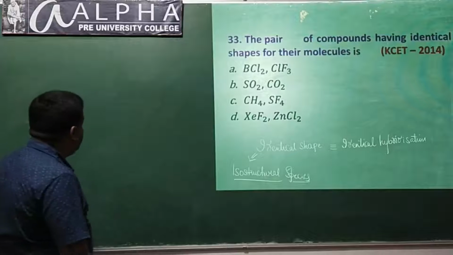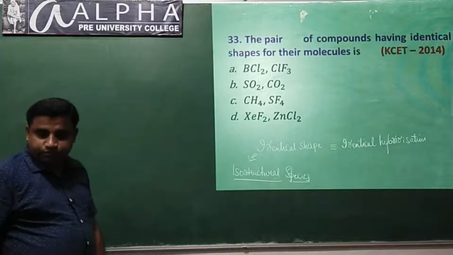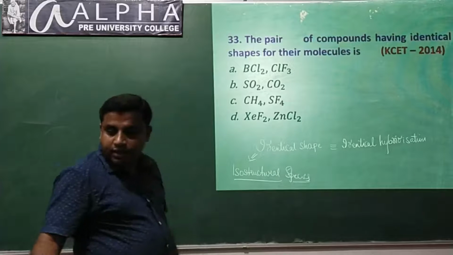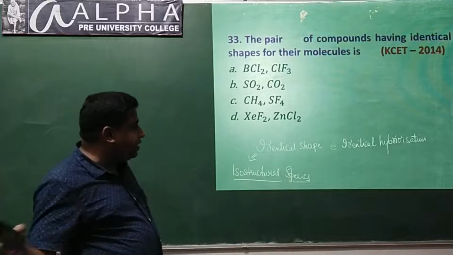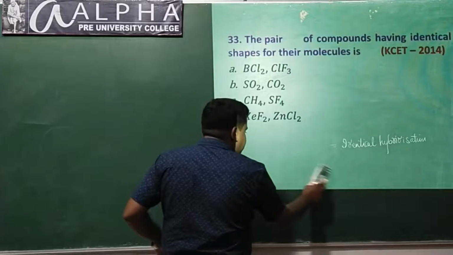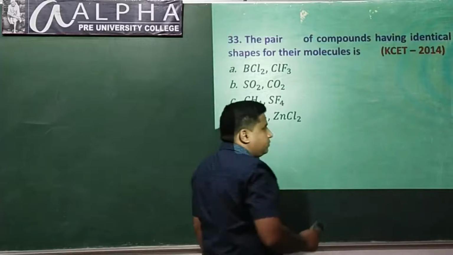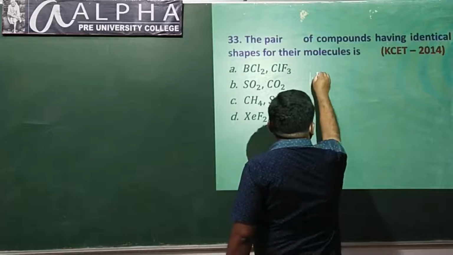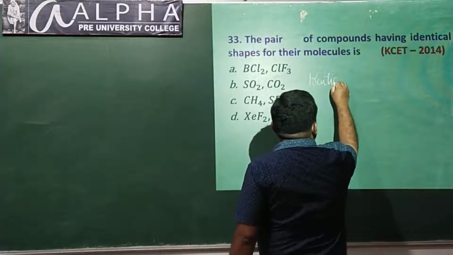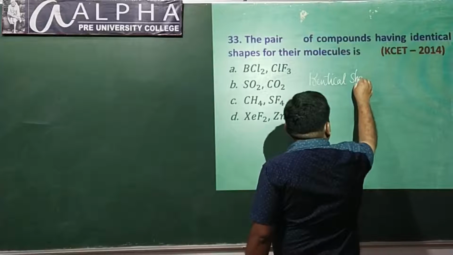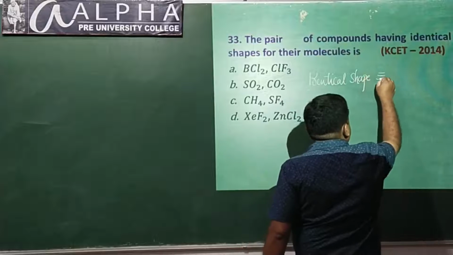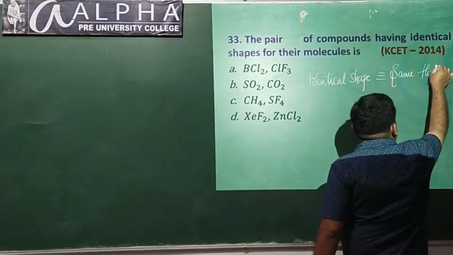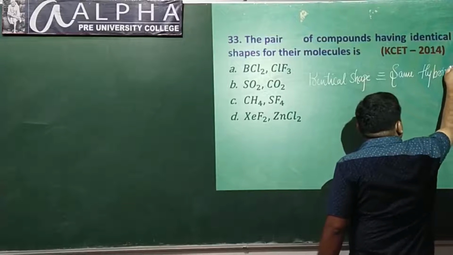I hope you know how to calculate hybridization. What is the formula to calculate hybridization? I'll write it here. Hope you can see this. Identical shape means same hybridization, same shape.